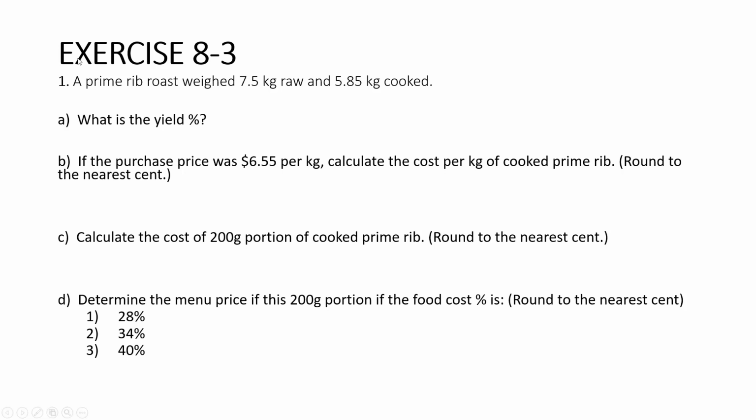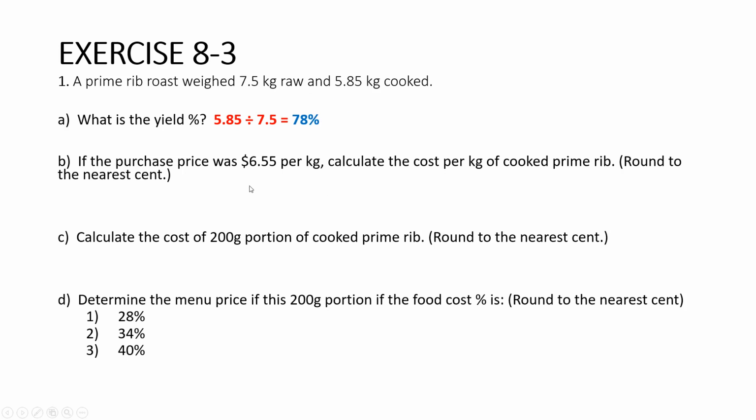We're looking for a yield percent, not money here. So we're going to take what our cooked prime rib weighed, and we're going to divide it by how much we originally bought. This is the EP. This is what we had left after prepping and cooking, and this is how much we bought. It's the AP. So 5.85 divided by 7.5 equals 78%. So the yield on this particular rib roast is 78%.